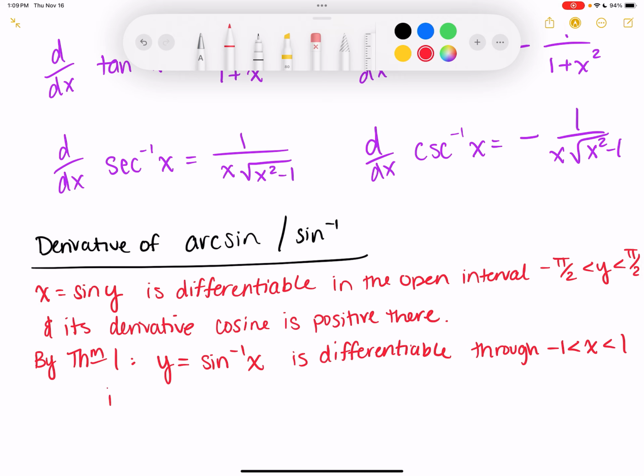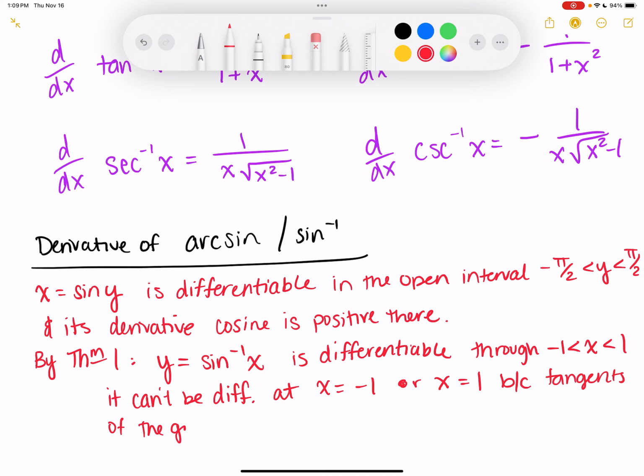But it can't be differentiable, I'm going to abbreviate that because I'm tired of writing it out, at x equals negative 1 or x equals 1 because the tangents of the graph are vertical at that point. Okay, meaning they're undefined.